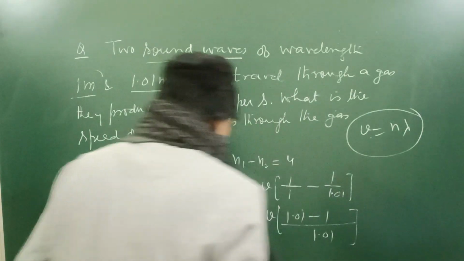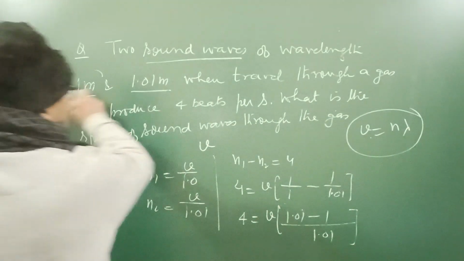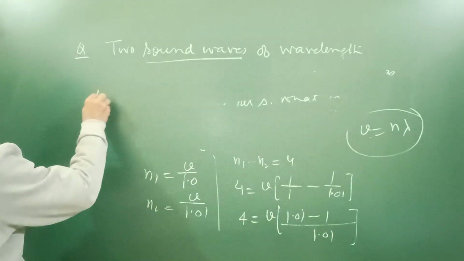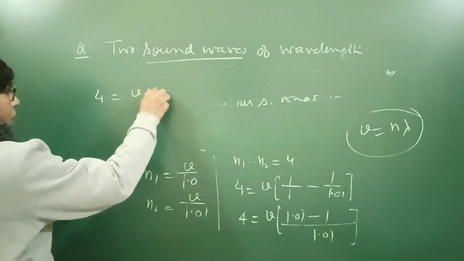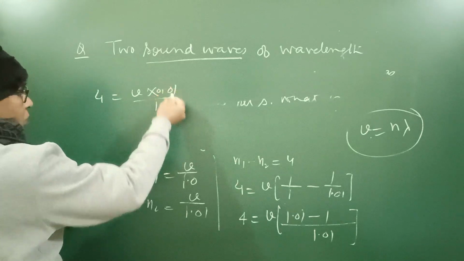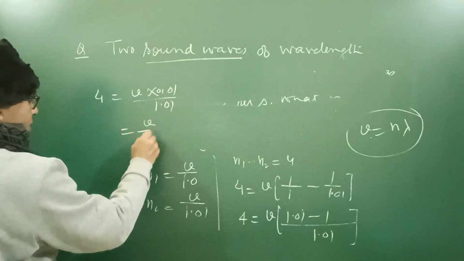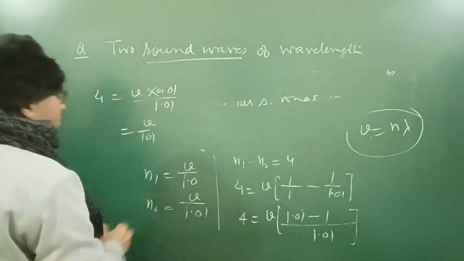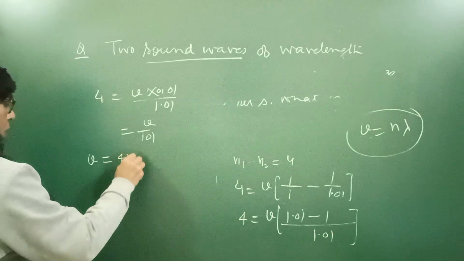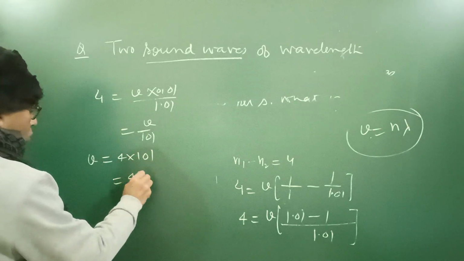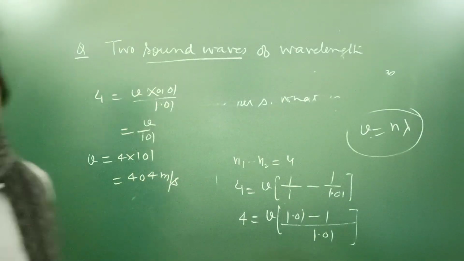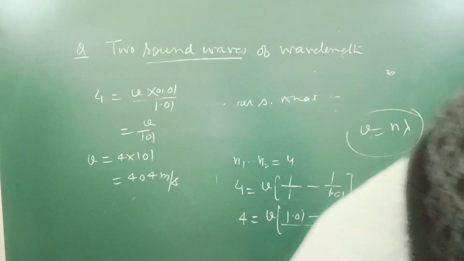So what is left here? 4 is equal to v into 0.01 upon 1.01, which is v upon 101. Simply, don't scratch the decimal. Or v equals 4 into 101, that is 404 meter per second was the speed of the two waves through that gas.